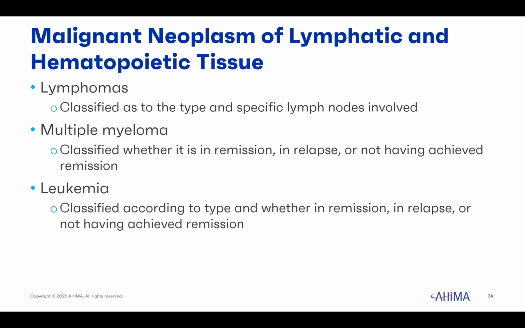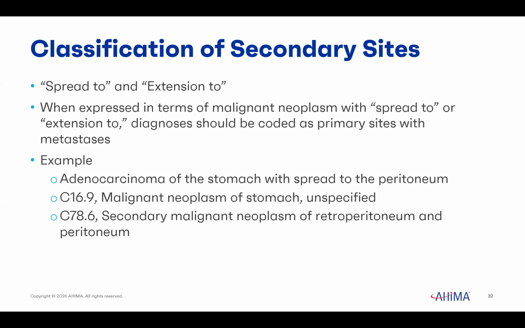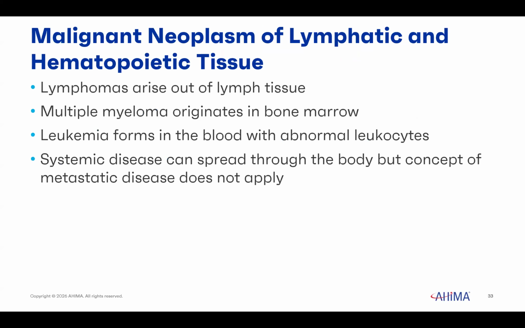Okay, so basically, we are going to be talking about coding these lymphatic and hematopoietic tissues. So there are several different types. Let's start with the lymphomas. Lymphomas are cancers that grow out of the lymph tissue, the lymph system.